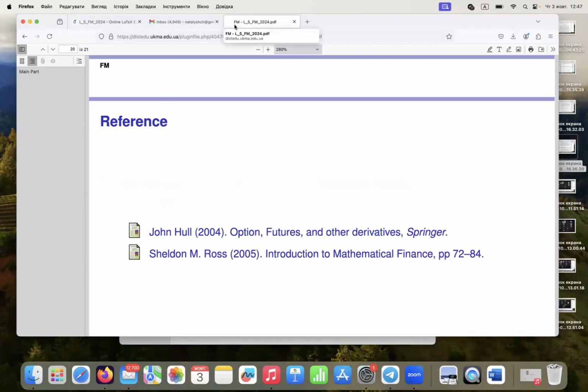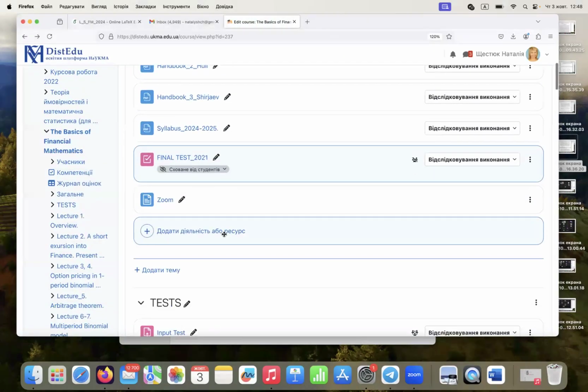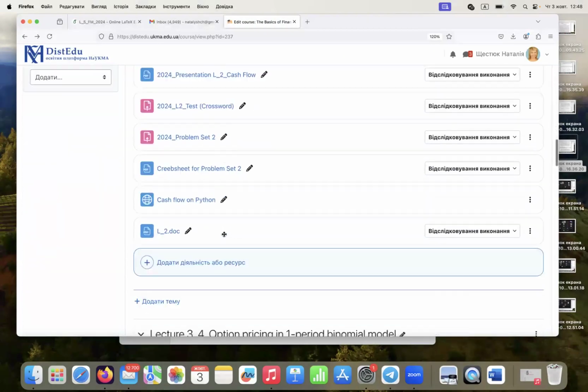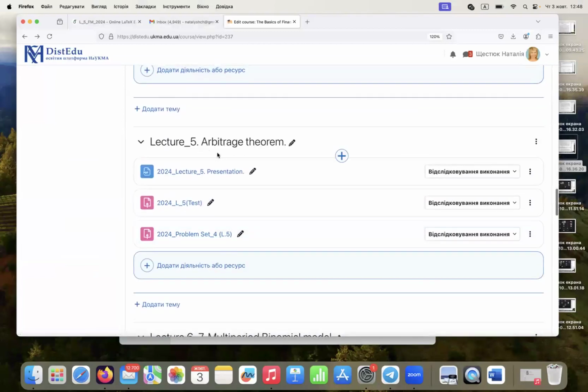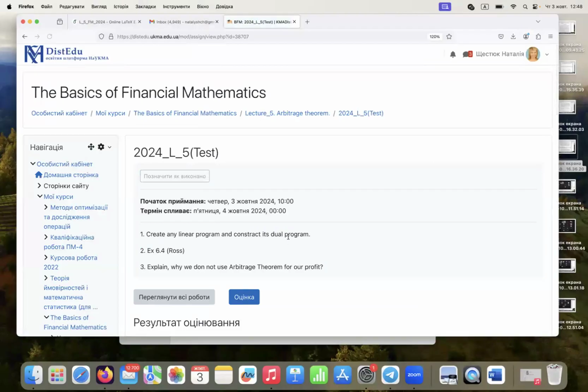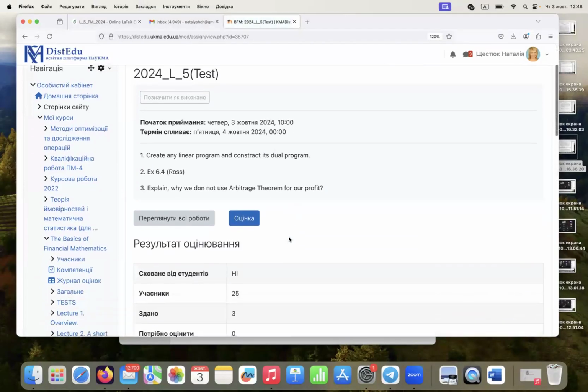So we have lecture 5, arbitrage theorem, and we have the test with 3 problems.